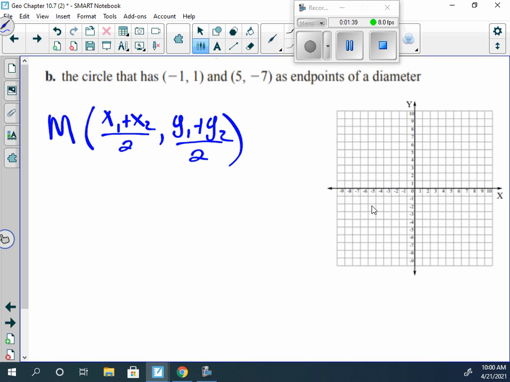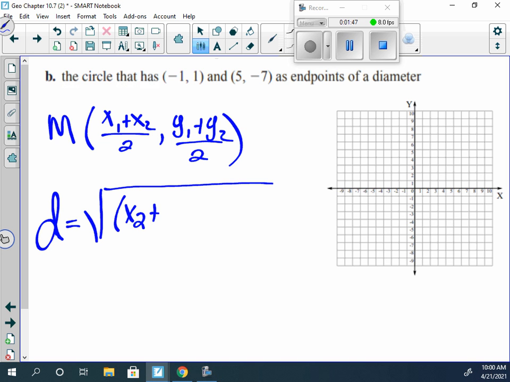Now to find the radius, just like we did yesterday, we're going to use the distance formula, which uses minus, to find the radius.